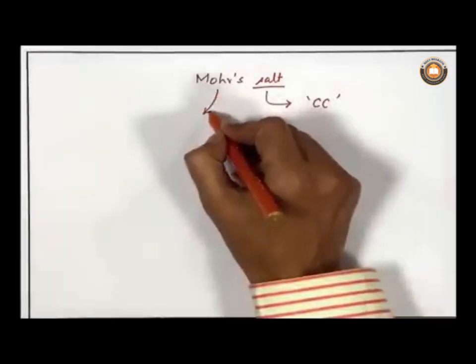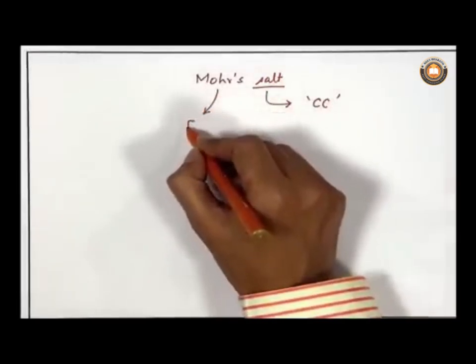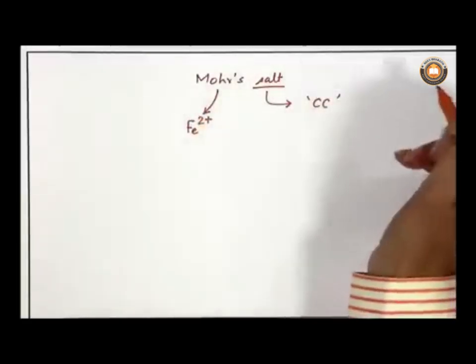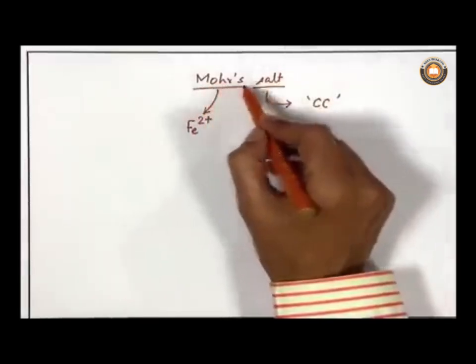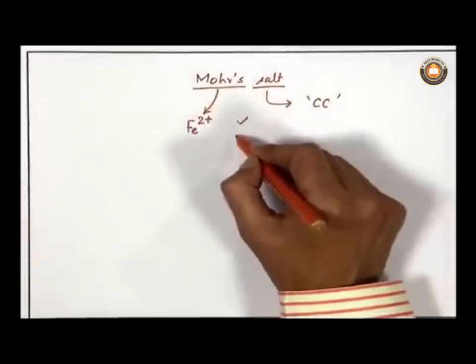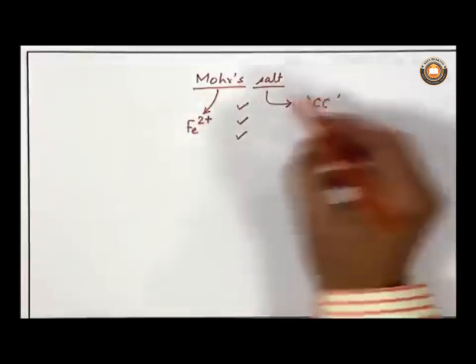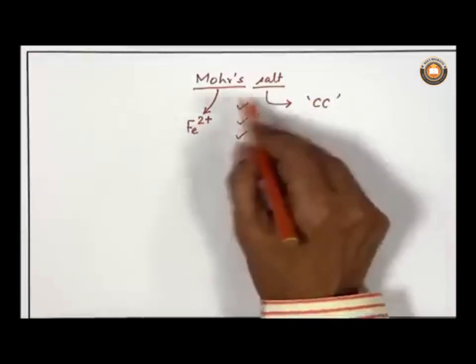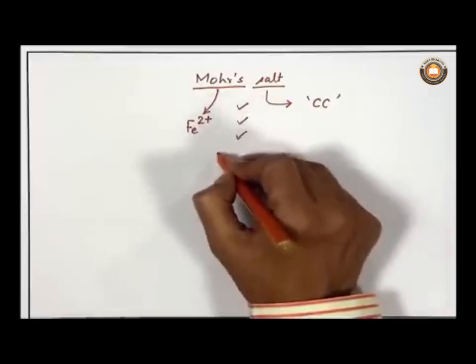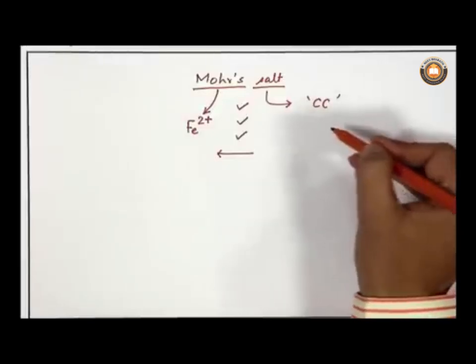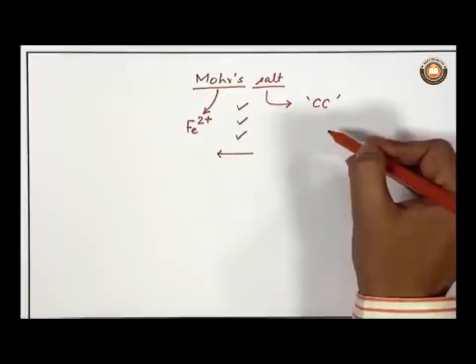When it is Mohr's salt, we definitely know it is a ferrous compound of iron, so iron is present. There will be some small molecules or anions present along with it, and whether those anions or small molecules form a coordinate bond to the iron center will define whether Mohr's salt is a coordination compound or not.